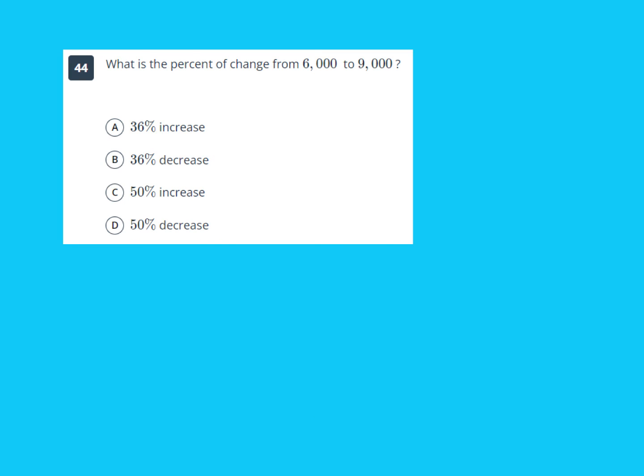Percent change from 6,000 to 9,000. So of course, the first thing we need to do is subtract. That of course is a difference of 3,000.